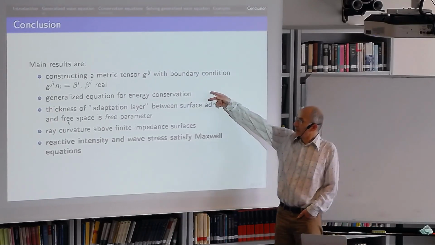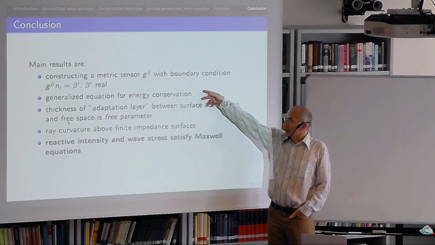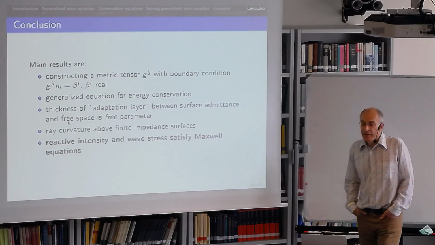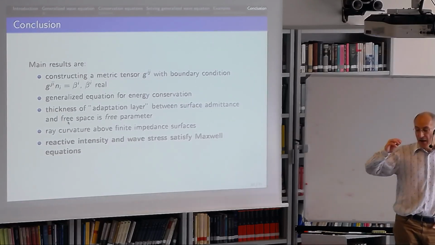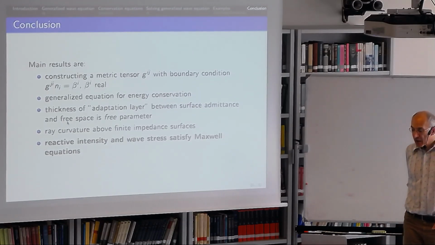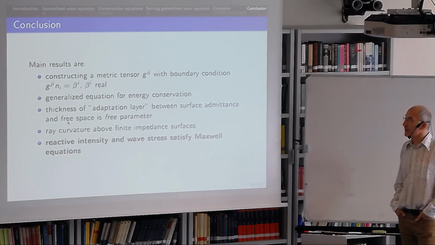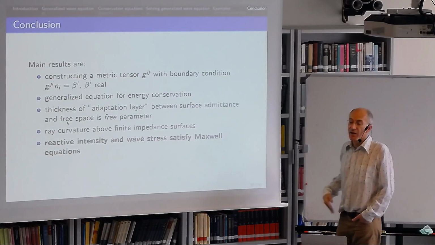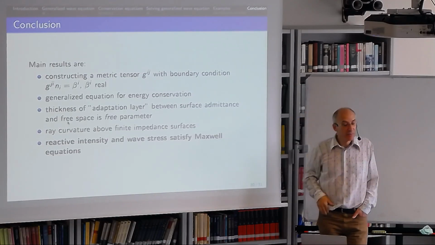We have got a generalized equation for energy conservation, and we can consider that we have introduced an adaptation layer between the surface admittance and the free space at some position above this surface.